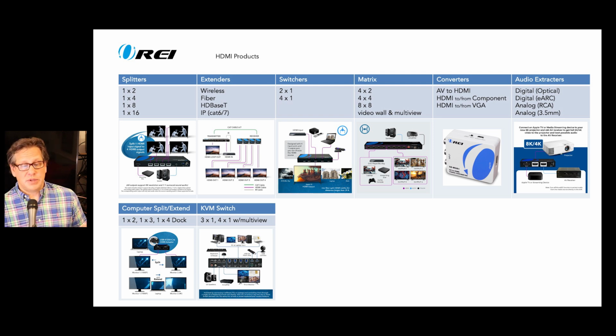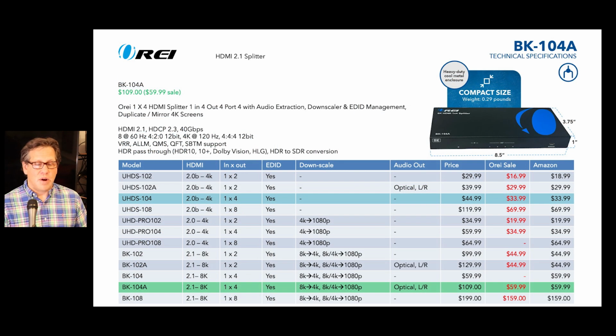They also have computer solutions. We'll take a USB in and go into something like a docking station, a 1x2, 1x3, or even 1x4, going into your computer solution. And they have KVM switches, keyboard, video, and mouse switches. But today we're focused on splitters.